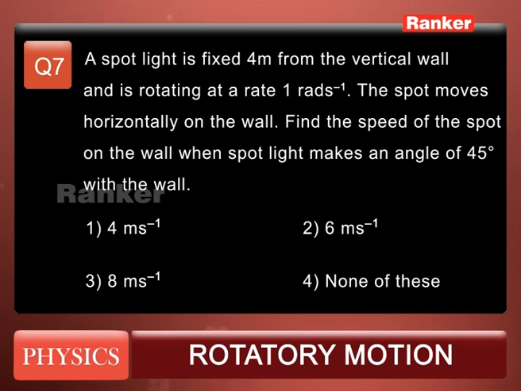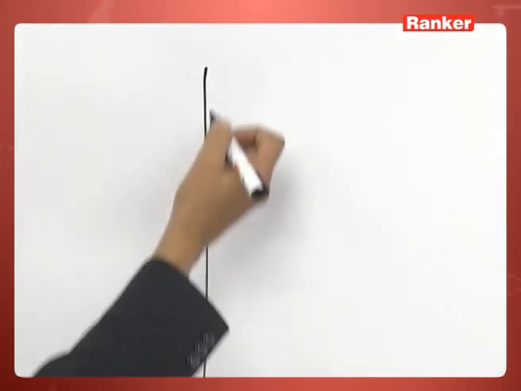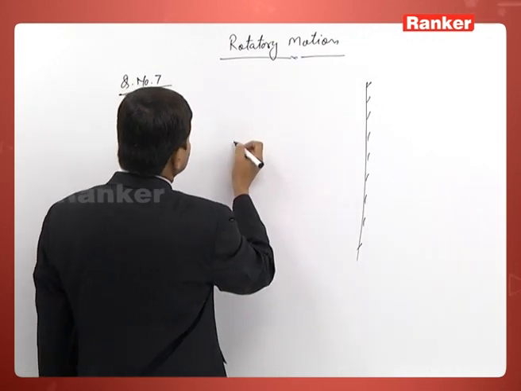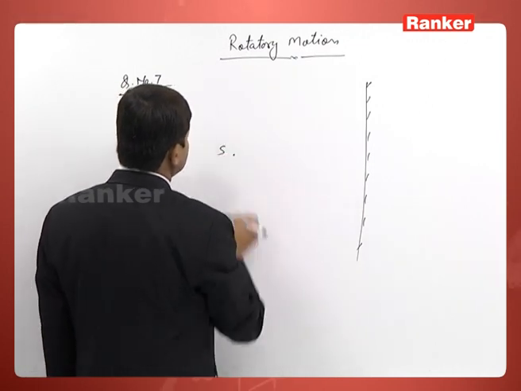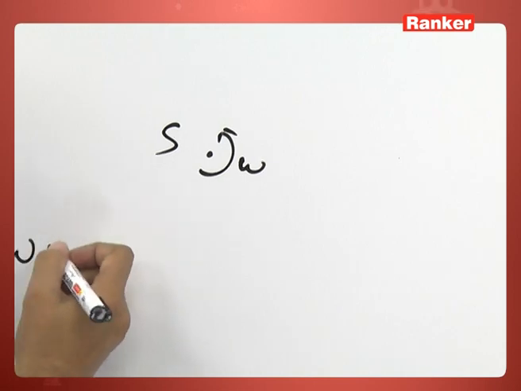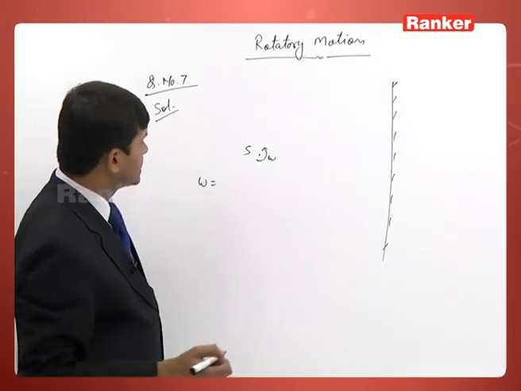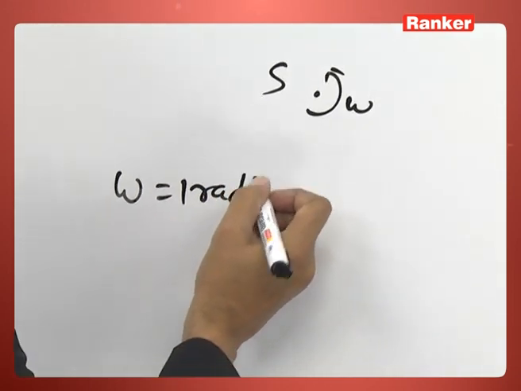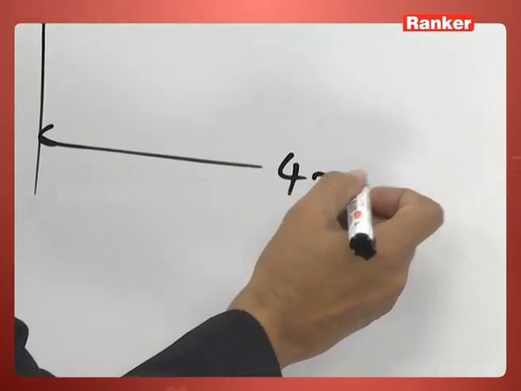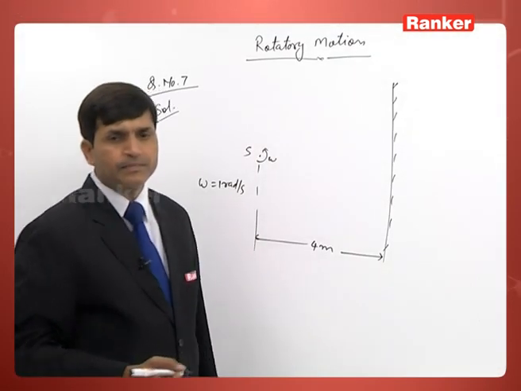Let this be your vertical wall and a spotlight is fixed somewhere here, and it rotates with angular velocity 1 radian per second, at a position 4 meters from the wall.